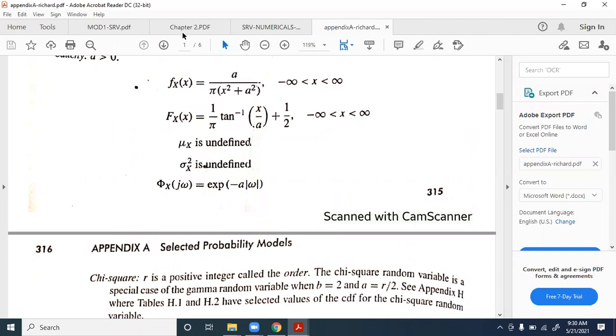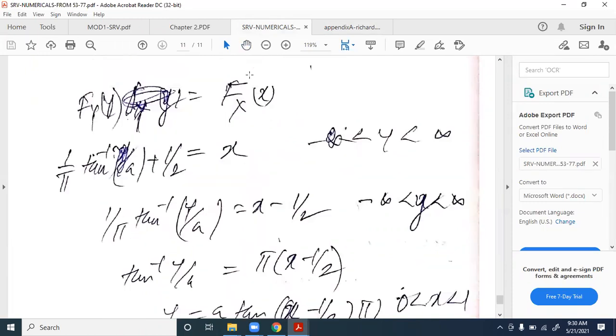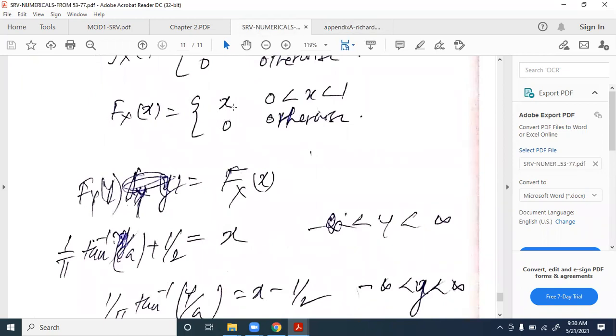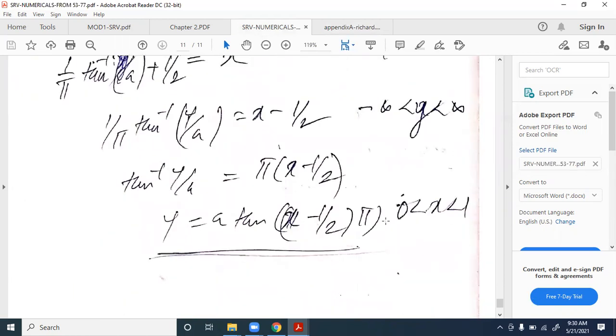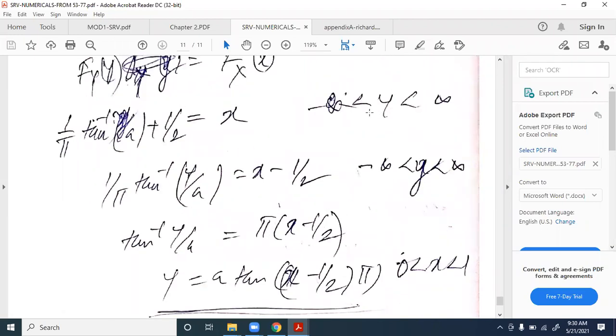So in the same way, here we have written (1 by pi) tan inverse of (y by a) plus half is equal to x, because F_X(x) in the uniform distribution which we have considered is x between 0 and 1, and that's why we have considered here between 0 and 1. So in place of the minus infinity less than y less than infinity, we can write 0 less than x less than 1. So now rearranging this, the half can be taken on this side.